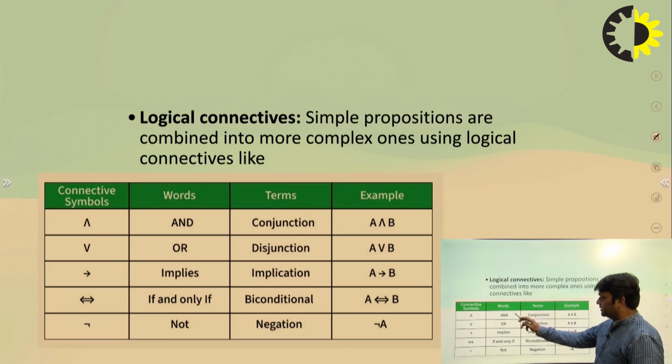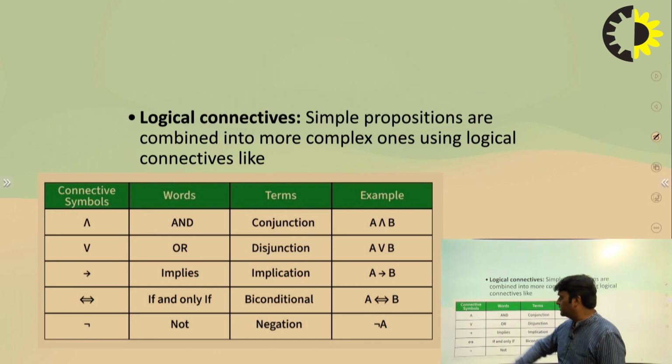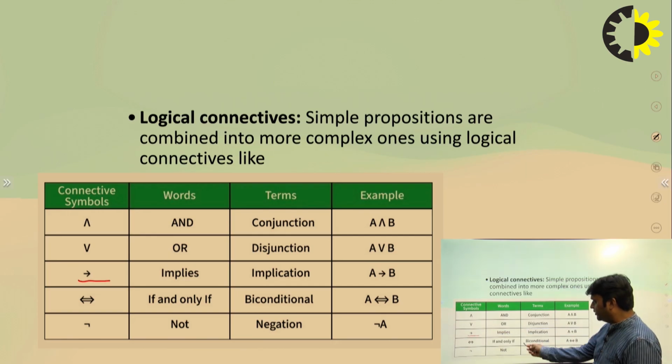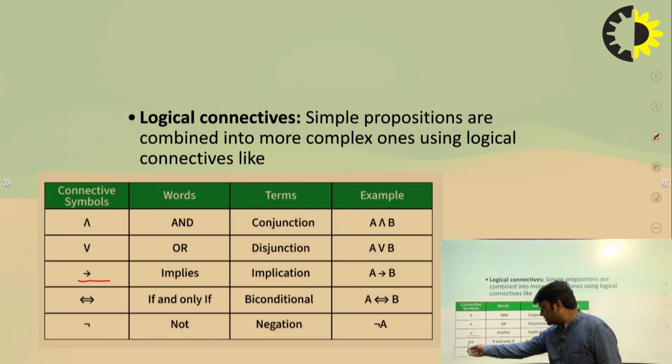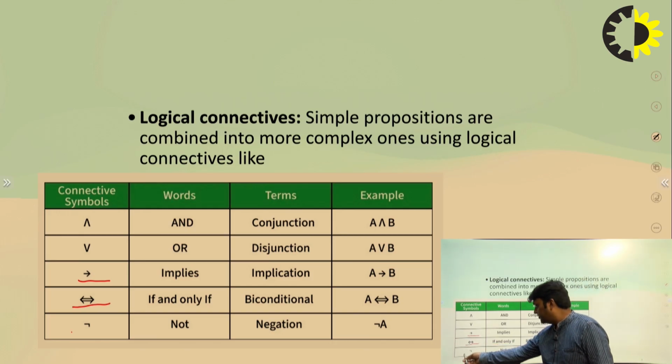And is represented with this symbol, or is represented with this symbol, implies is represented with this symbol, if and only if is represented with this symbol, and not is represented with this symbol.